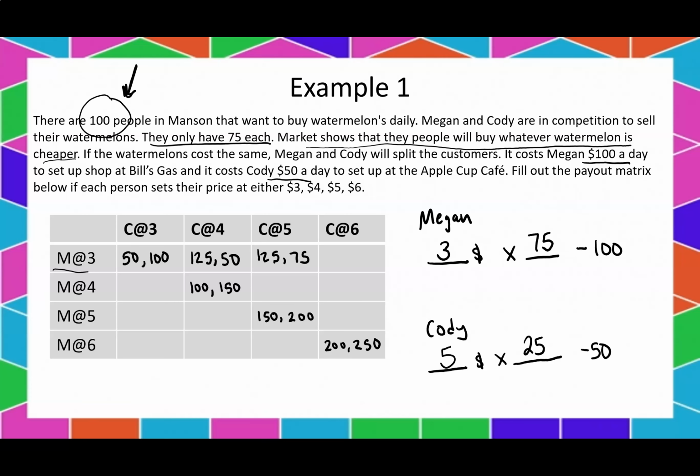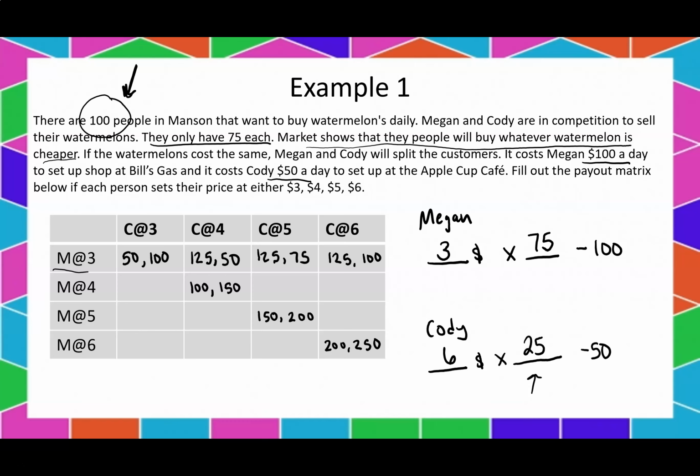And last one here in this row is, again, Megan is still going to be selling at $3 and she gets the 75 customers first, but she runs out because she only has 75 watermelons. So the other 25 people go to Cody, and now he's actually selling it at $6 and he makes more money there. So for this one here, I get, again, Megan at 125 and Cody at 100.